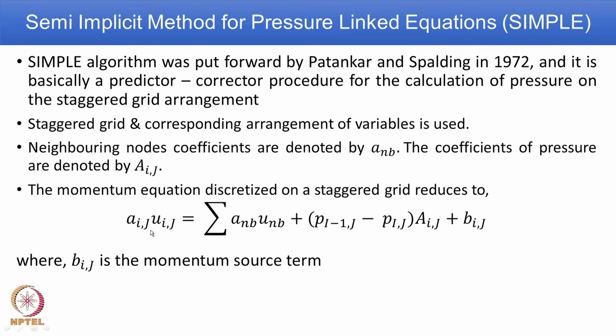So, A I comma j u I comma j equals the sum of all the neighboring nodes coefficients, plus the discretized pressure term, plus any source term that may be there in the momentum equation.